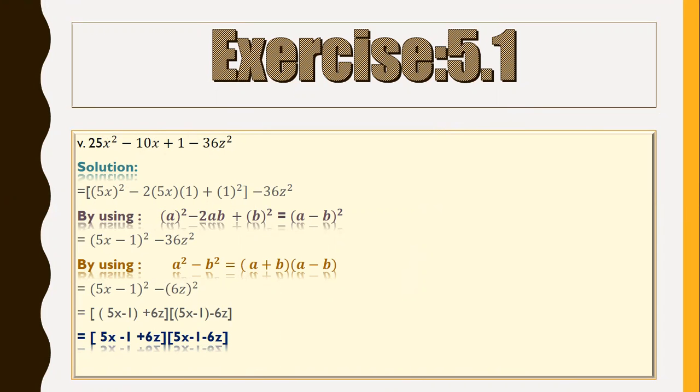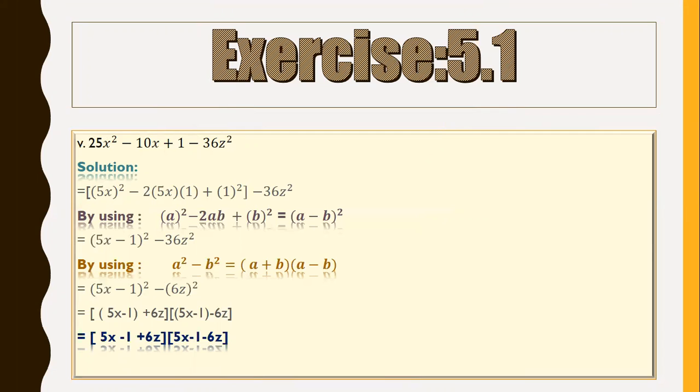We enclose these three terms within one bracket, and 36z square will be left because there is no partner of z in the question. The first three terms, 25x square minus 10x plus 1, when we simplify it, will convert into the formula of 5x minus 1 whole square, because 25 is a square of 5x and 36 is the square of 6.